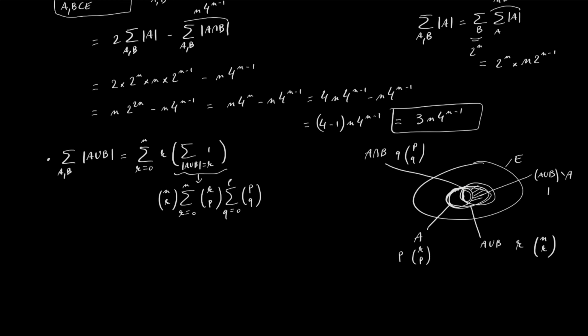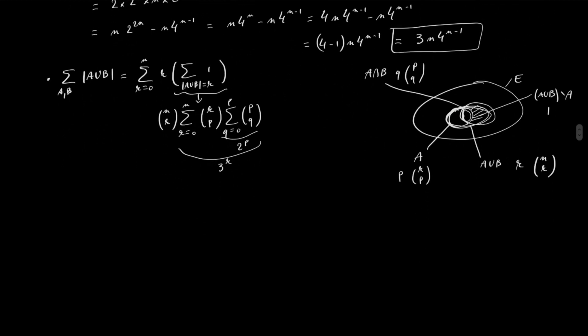We know from the binomial theorem that this is equal to 2 to the power of p. Similarly, we can show that this will be equal to 3 to the power of k. And so this sum will be equal to the sum from k equals 0 to n of k, n choose k, 3 to the power of k.